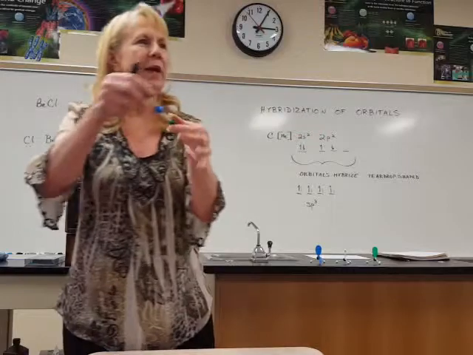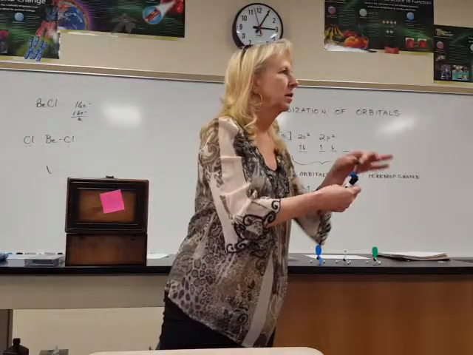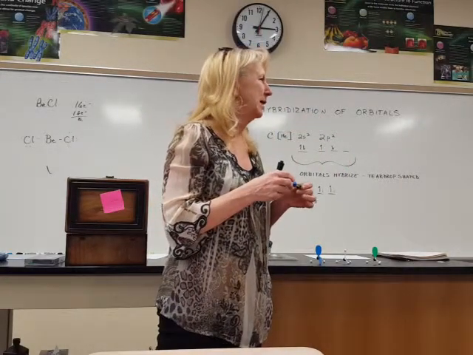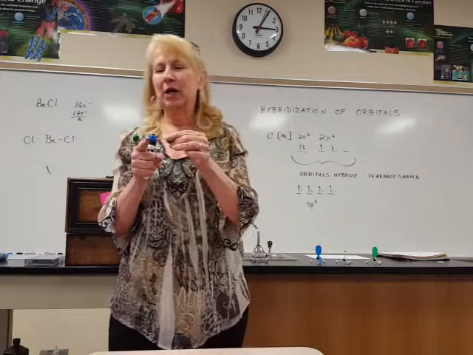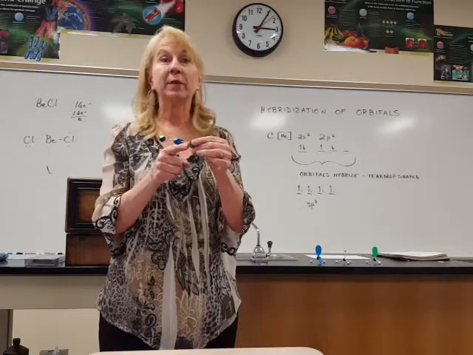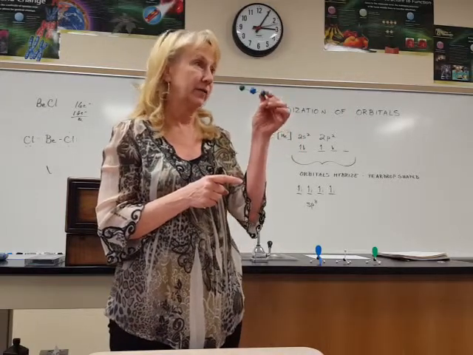Linear. So a region of negativity, a region of negativity. They get as far away from each other as they possibly can. How about 180 degrees? Is that as far away as they can get?